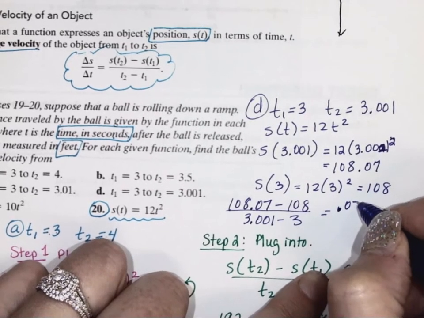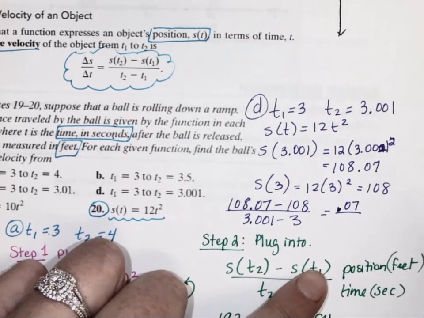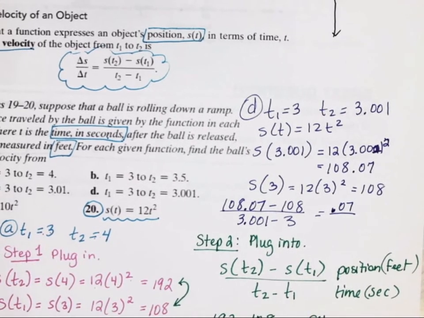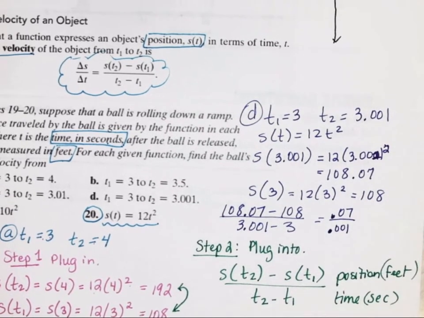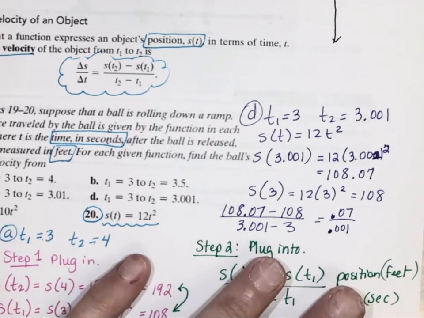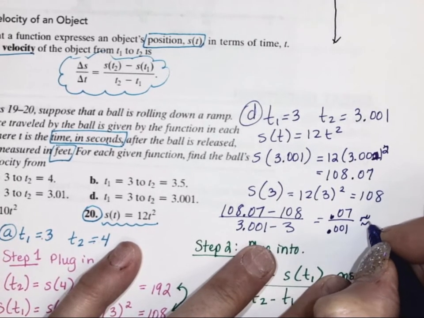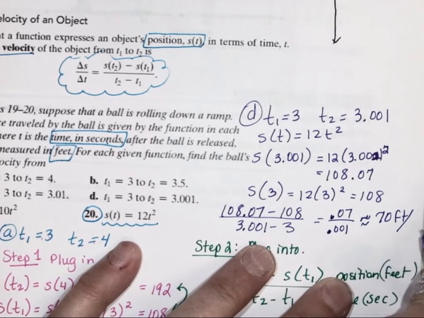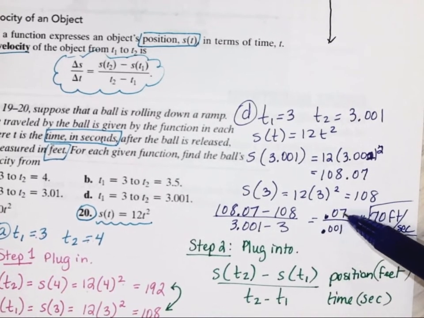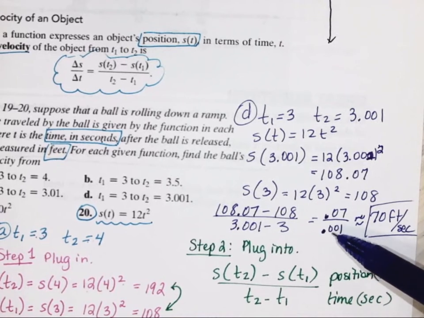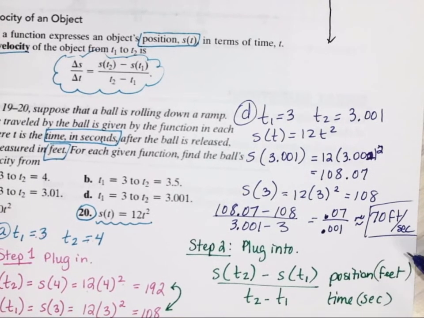So on the top we get 0.07, and that's divided by 0.001. When you type in your calculator 0.07 divided by 0.001, that's going to give you 70. So this is approximately 70 feet per second. When I say 0.07 divided by what's on the bottom, I'm always understood to be left with 1 in the denominator.